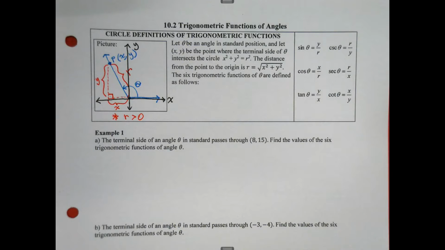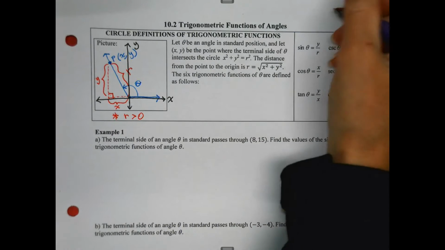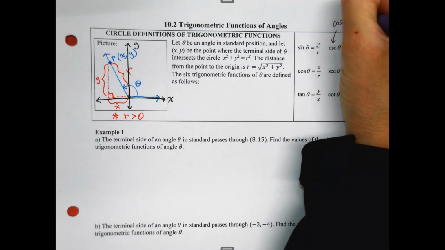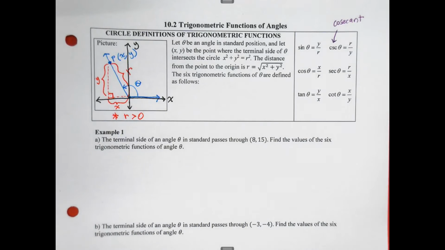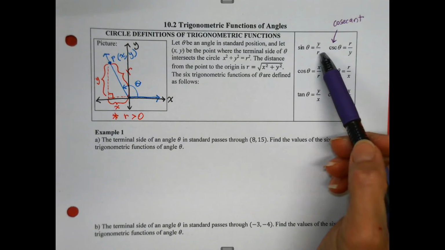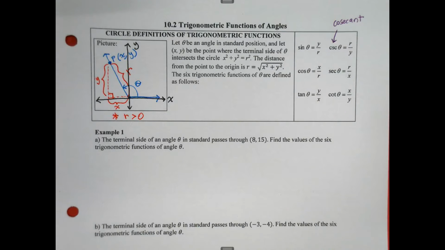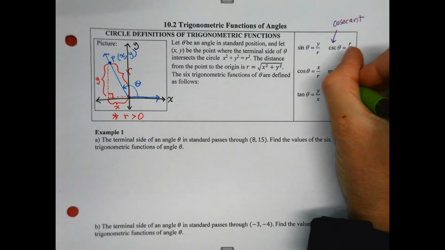Our new topics that we're looking at here are cosecant, which is simply the reciprocal of sine. Notice that sine is y over r. Cosecant is r over y. Then we have secant, which is r over x.